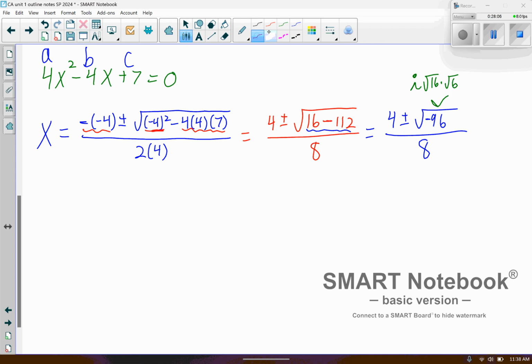And so now I'm going to have 4 plus or minus, this right here is going to become a 4i square root of 6, and then divided by 8.